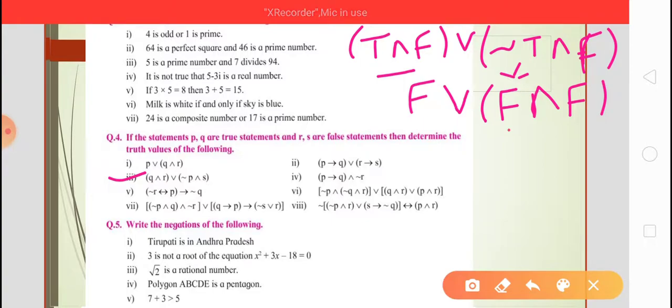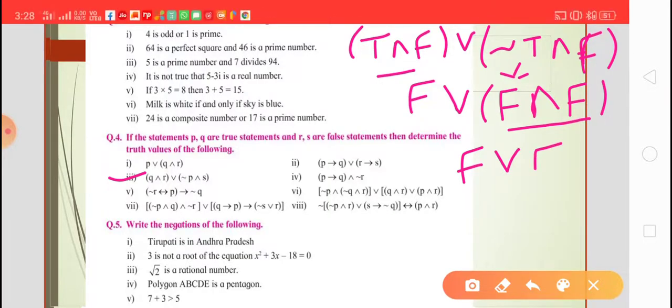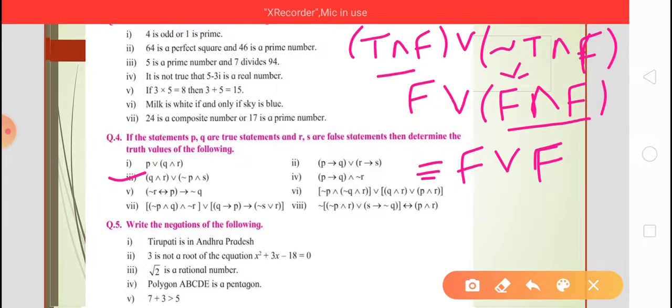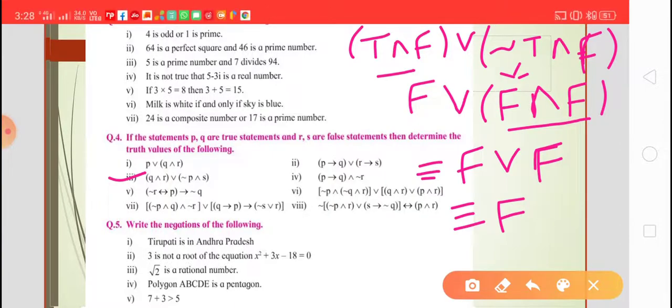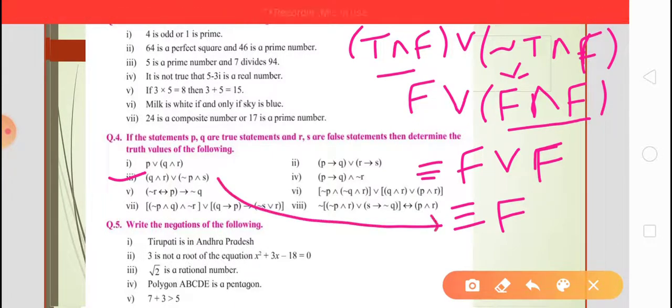Now solve this bracket, F conjunction F, and we know for conjunction, if both statements are true then it is true, otherwise it is false, so the bracket gives us the truth value false. Now solve this. For the disjunction, what is the truth table? F, F, F, otherwise T. Both statements are false, so disjunction is also false, which means this statement gives us the truth value capital F.